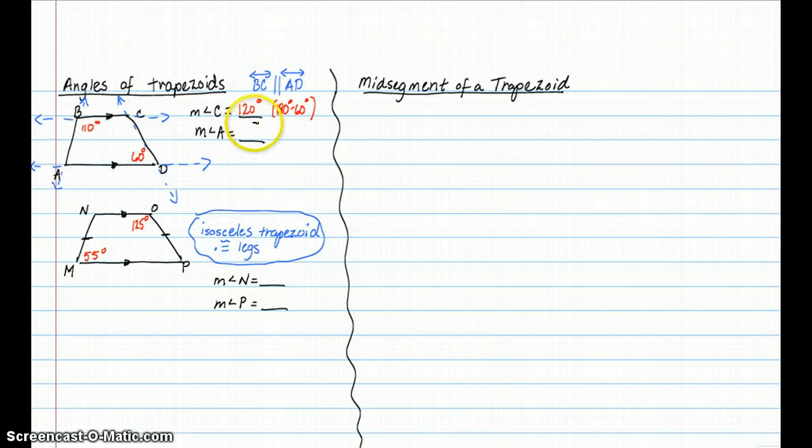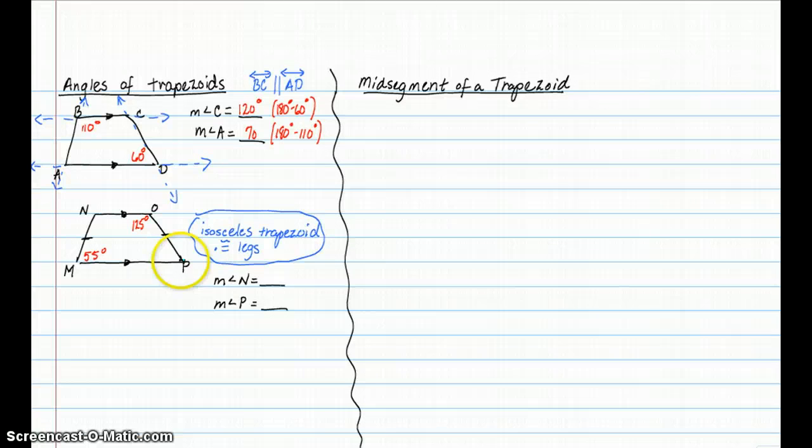And so then we would have, this is 110, and so angle A is going to be 70 degrees, 180 degrees minus 110 degrees is 70 degrees. So even though it looks like it possibly could be an isosceles trapezoid, it is not, because you're not given that information.